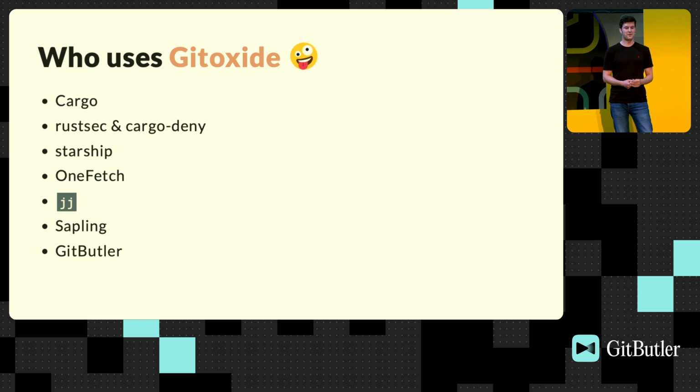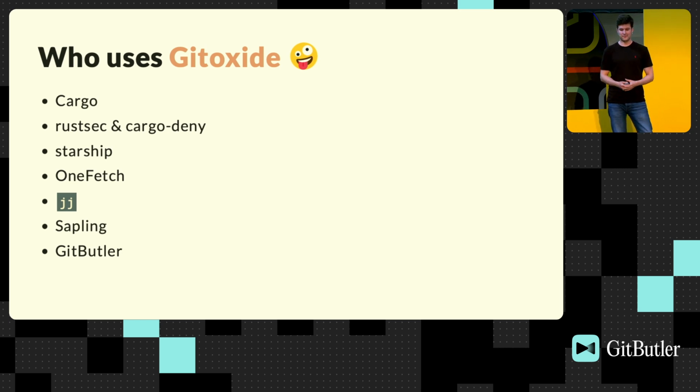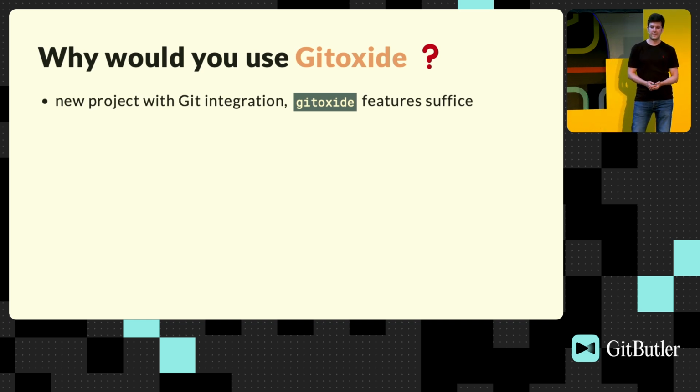Slowly, we focus on places where Gitoxide can make significant performance improvements to get better at big repositories, like the GitLab repository, which is our standard in trying, in big, bad repositories. And you might want to use it if you have a greenfield project that needs a Git integration, and of course uses Rust, where the Gitoxide features that are currently implemented suffice.